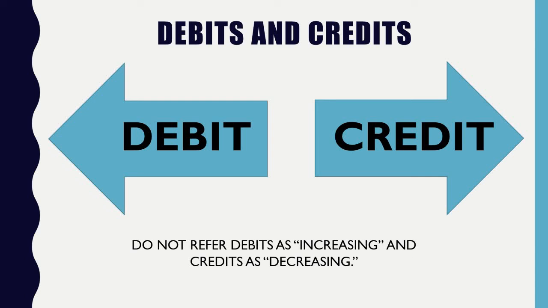So again, never refer to debits and credits as increase and decrease. It just depends on the flow of the transaction. But one thing for sure is debits is left, credits is right.